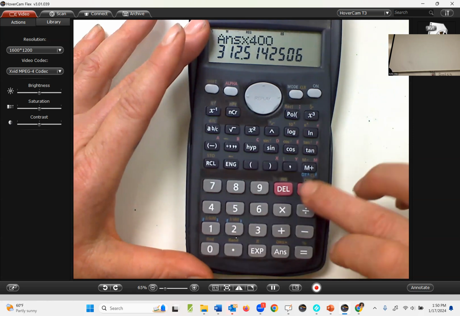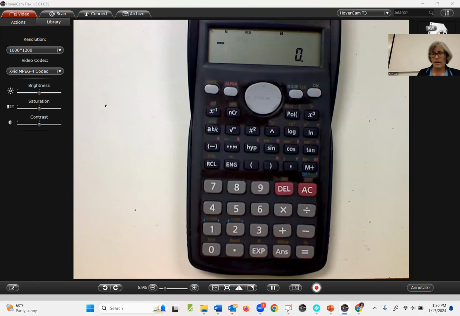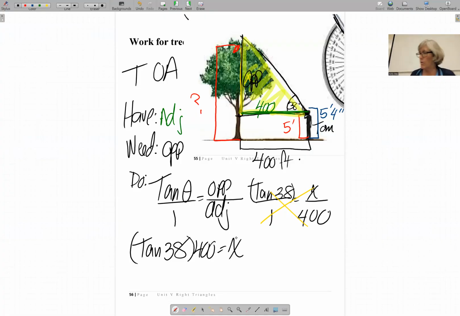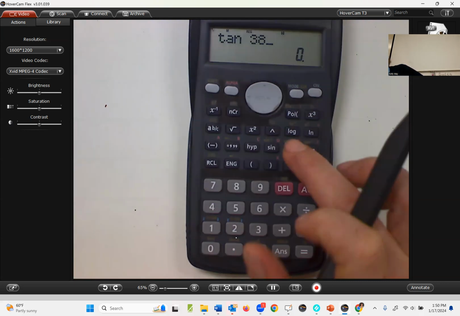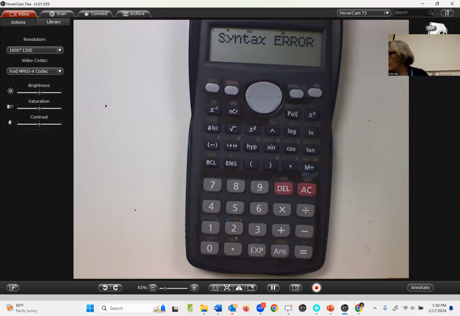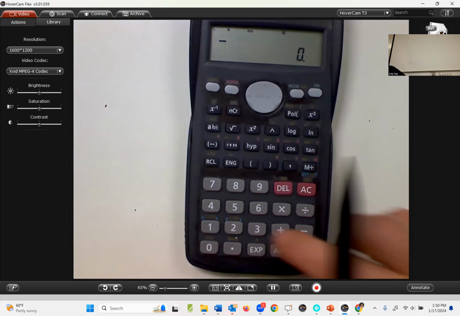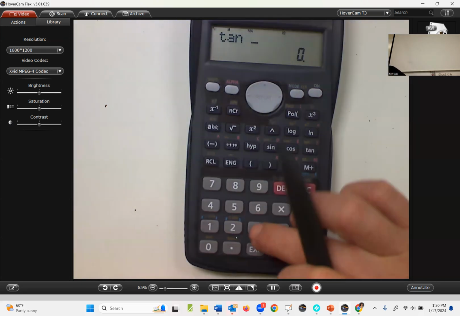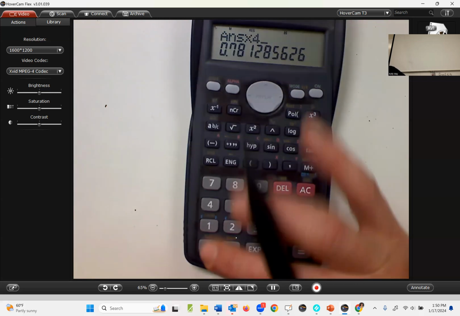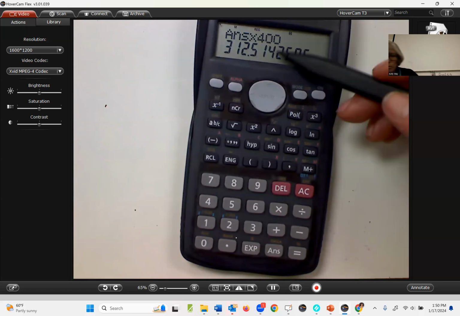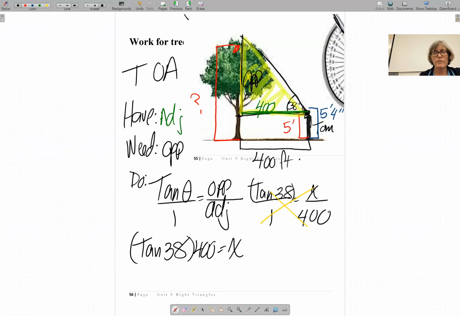Okay, it is 312.51. So X equals 312.51. Check units, feet.